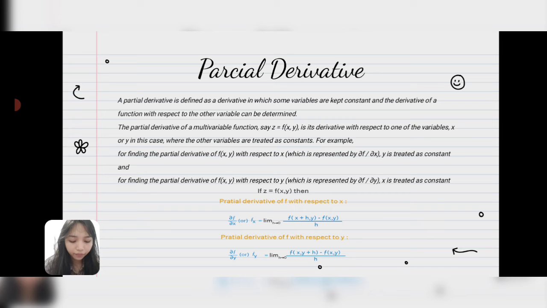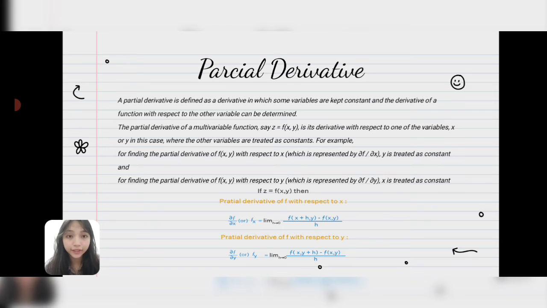For example, for finding the partial derivative of f(x, y) with respect to x, which is represented by ∂f/∂x, y is treated as a constant.